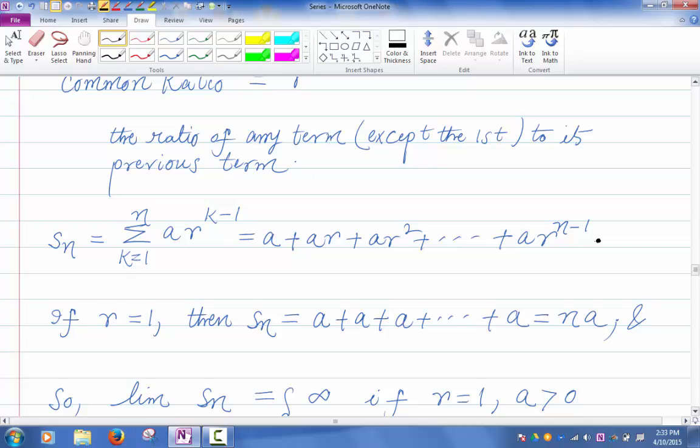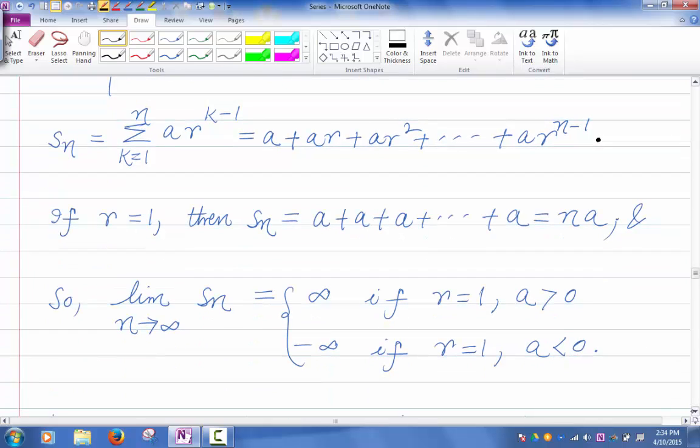Everyone's okay with that? Now, I want to figure out for what values of a and r the geometric series is convergent, and for what values of a and r the geometric series is divergent. Is everybody clear? Okay, so let's think about the case when r is 1.